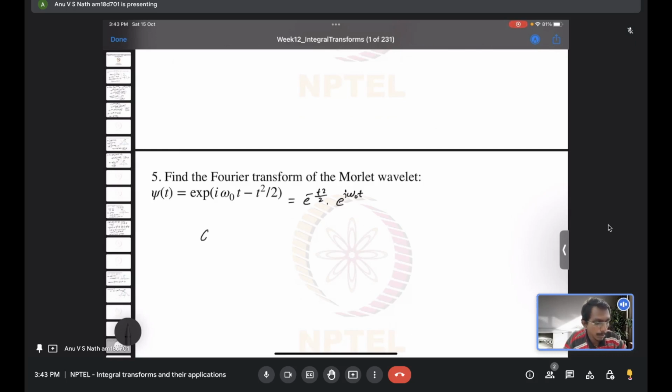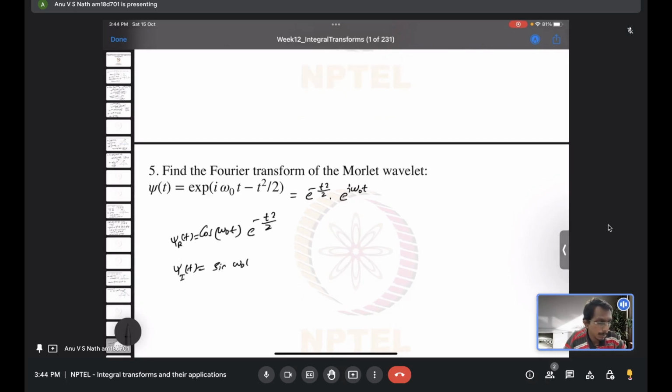The real part is cos omega 0 t times e raised to minus t square over 2, and the imaginary part is sine of omega 0 t times exponential of minus t square over 2. I suggest you plot this wavelet in the complex space and then evaluate its Fourier transform. I will give you some time to do that, then I will show how to do this.